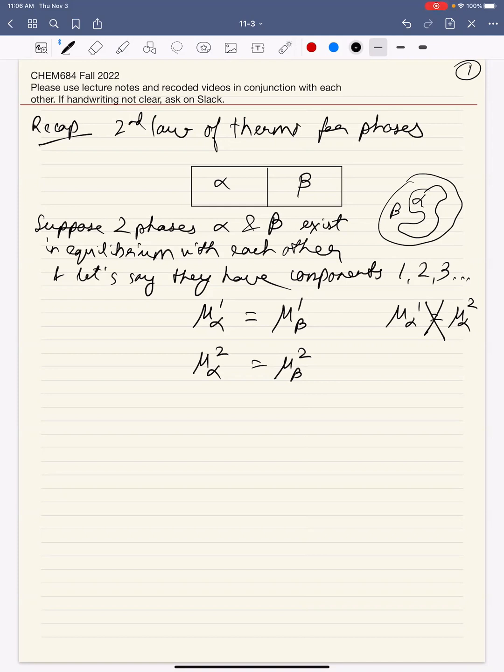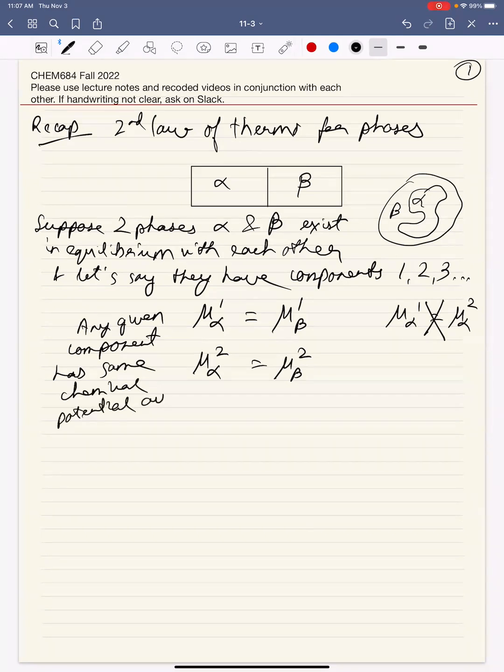But any given component has the same chemical potential across phases. This is equivalent to the second law of thermodynamics. This is at equilibrium, and this is why we're talking about equilibrium phase diagrams. If we're out of equilibrium, we really don't have anything to guide us.